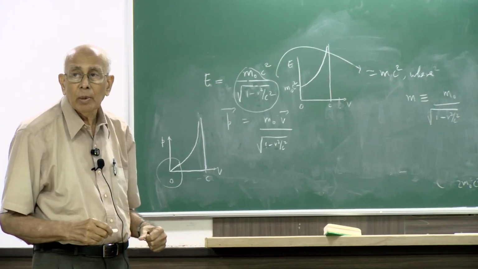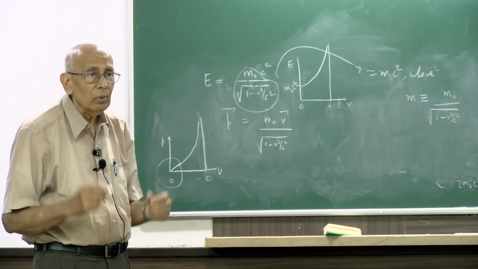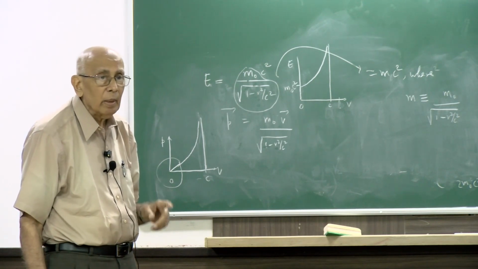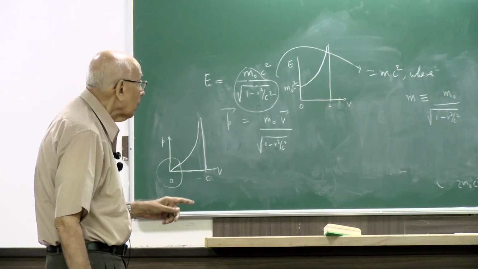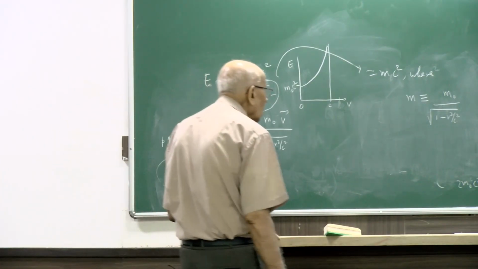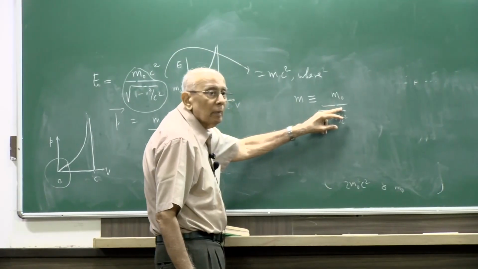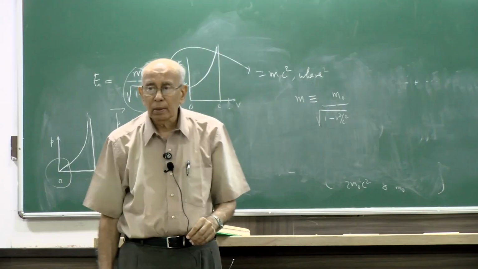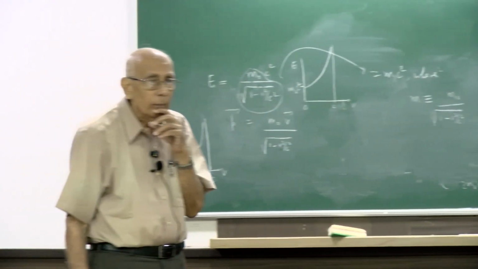The particle somehow becomes fatter and fatter till it becomes infinitely fat at v equal to c. Not true. There's only one mass and that's the rest mass. And in modern books, the symbol m equal to m naught over this is not used at all. They just use the symbol m for m naught, because the particle has only one unique mass and that's its rest mass. The so-called kinetic mass is a myth.